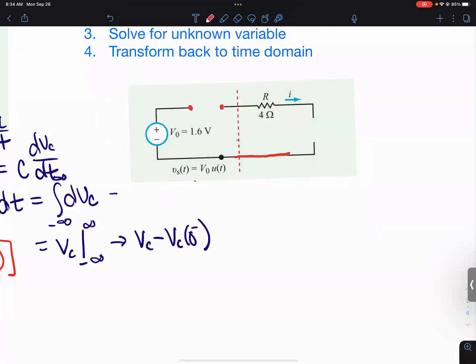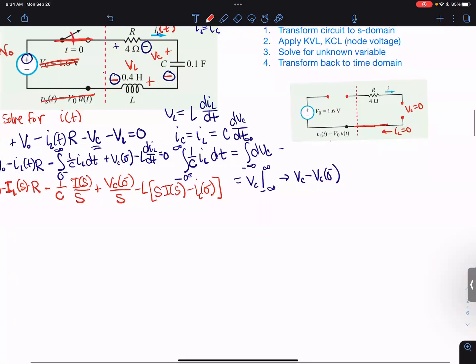Inductor becomes a wire and this becomes an open. So there's no current going to be here and VC will be 0. So those will be our initial conditions.